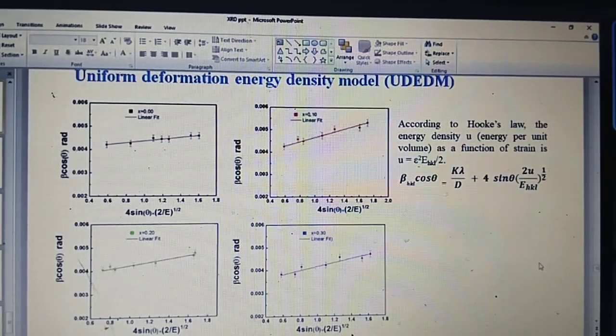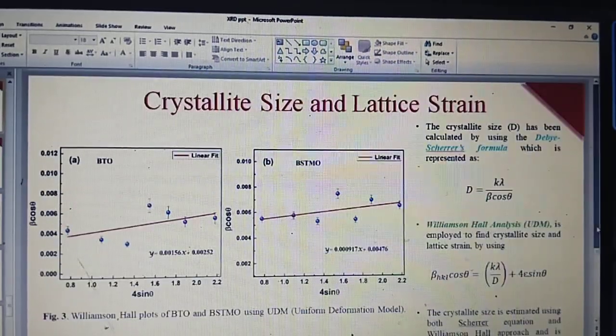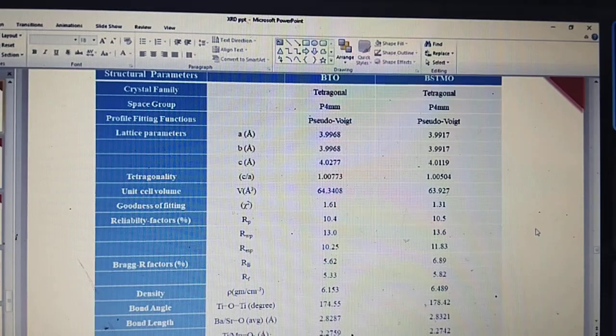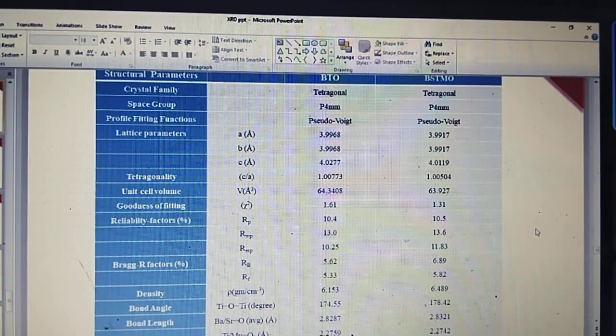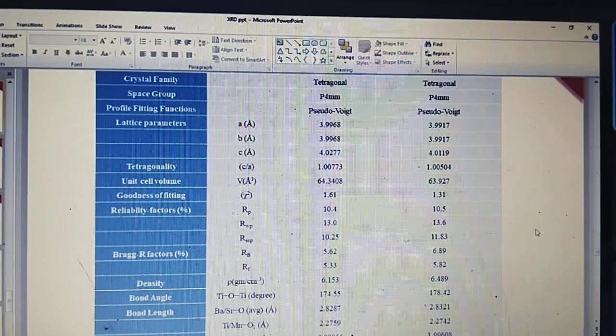Actually, what happens is that the parameters which we generally look through, if I can show you, is the table visible to you? Yes. Okay. So generally what we look at here are the references: lattice parameters, then the volume from that, the chi-square value. These are the reliability factors, then the angles.